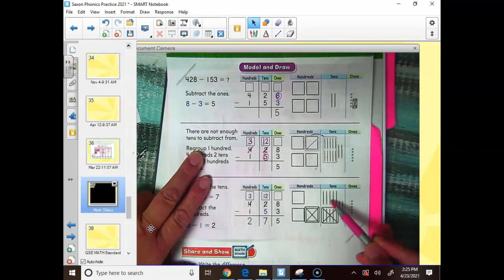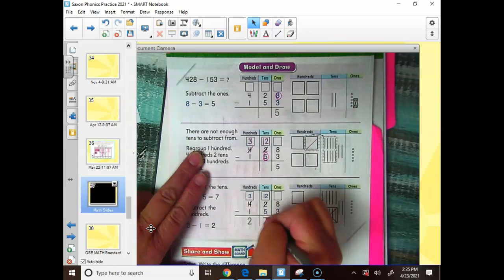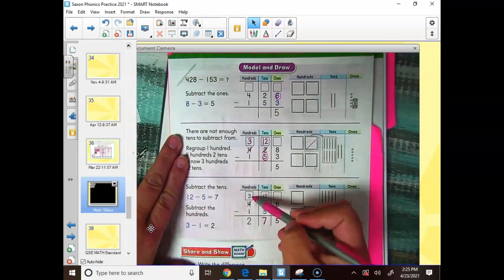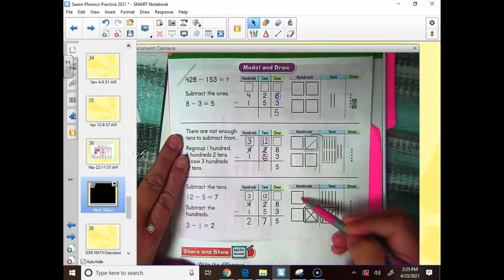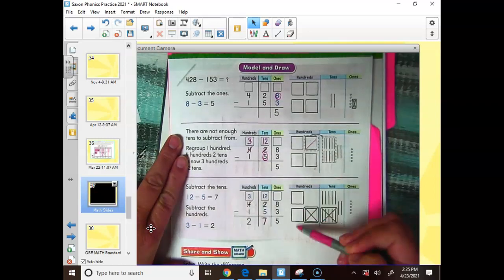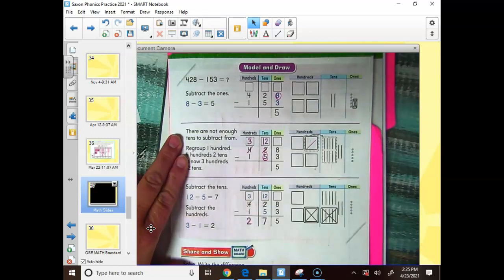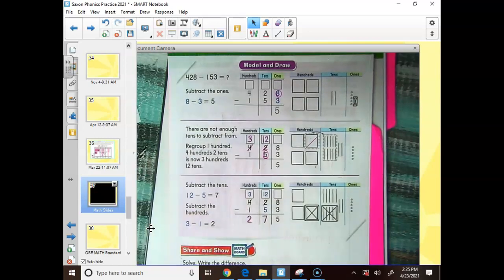So down here they said 12 minus 5. They crossed it out. That left you with 5, 6, 7. And then 3 minus 1. 3, crossed 1 out, gave you 2. 275.